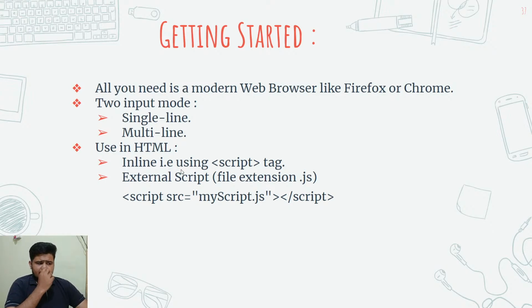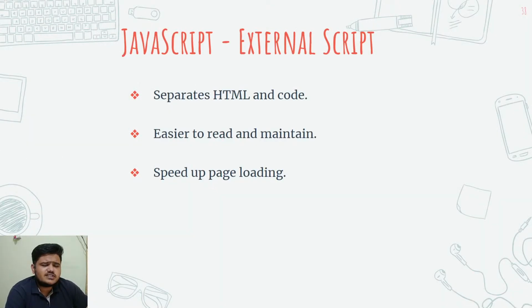So let's understand the external script. Why do we use an external script, correct? So first thing is it separates HTML code and JavaScript code, and it makes it easier for us to understand, right? If we come across some error, it will be very easy for us to rectify that error if we have HTML and JavaScript code separately.